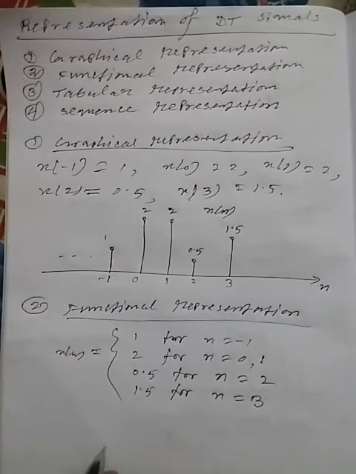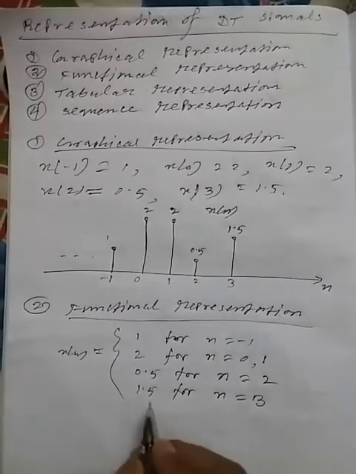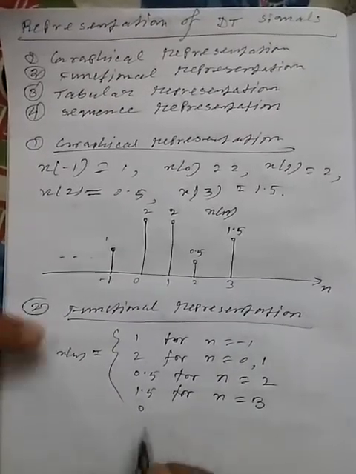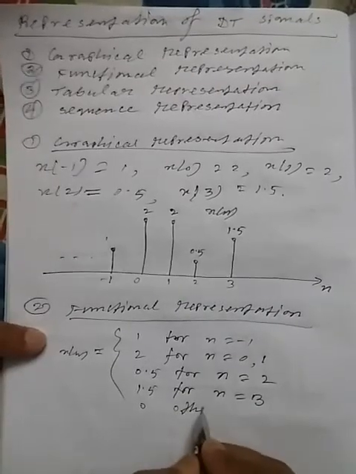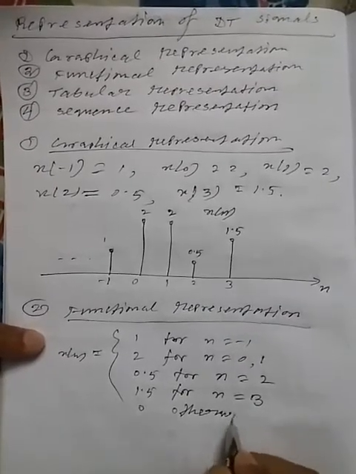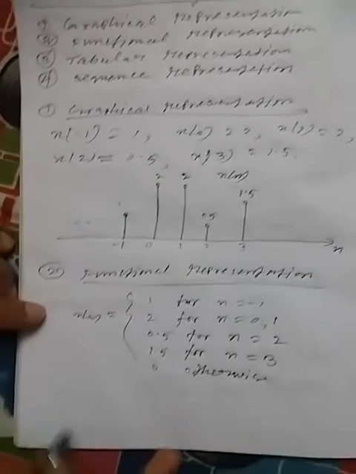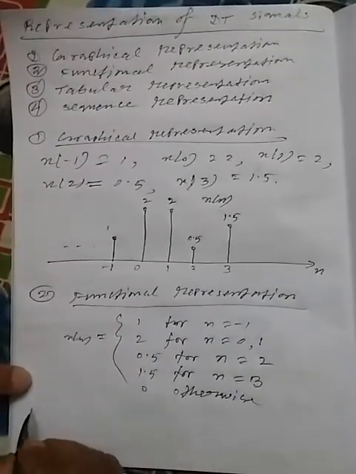You have to add also 0 otherwise. So this is the functional representation of this signal.